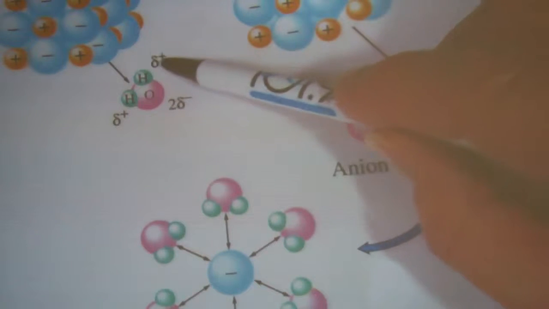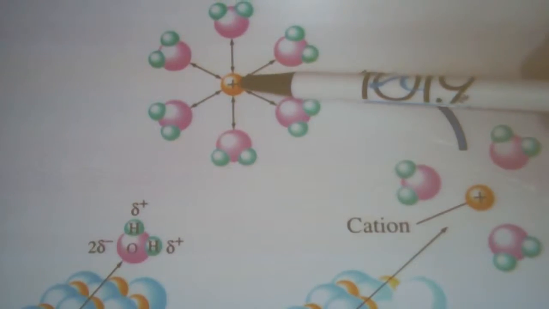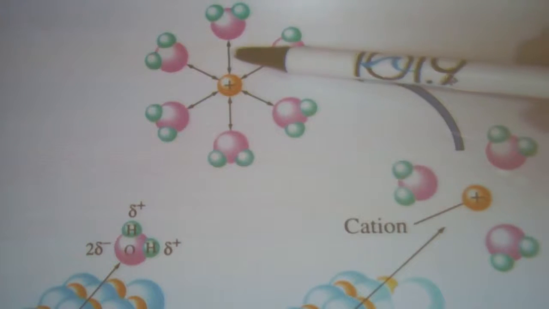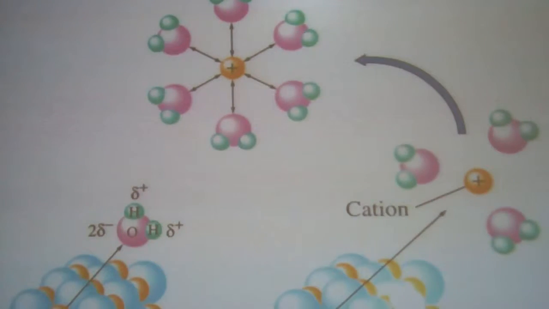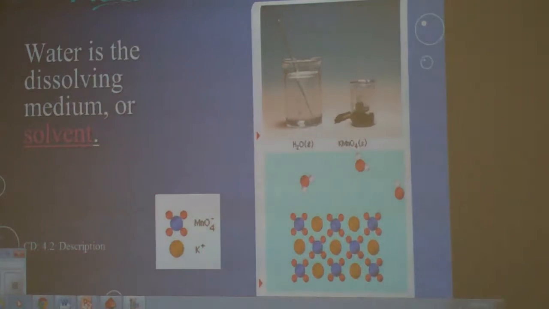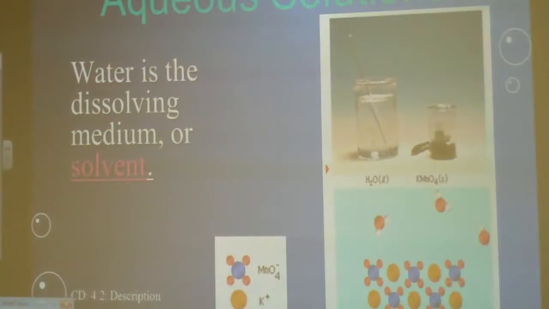And again, please label it, that's that funky delta positive being attracted towards negative ions. And all the positive ions will be attracted to Mickey's face, which again will be labeled delta negative. Okay? So that's how you're going to explain solvation or dissolution or hydration.